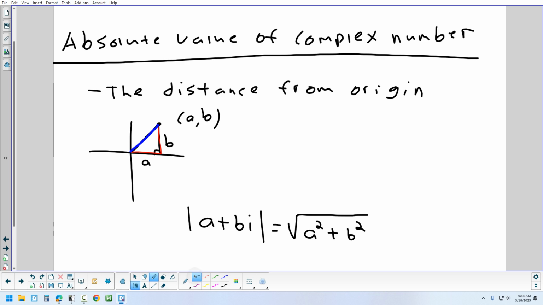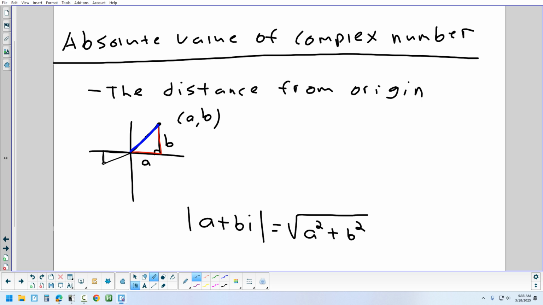So to find the absolute value of a complex number, you really do the Pythagorean theorem. You are finding the length of a hypotenuse in a right triangle. It doesn't matter what quadrant you're in. If you're over here, a squared plus b squared equals c squared will work in any quadrant. So the absolute value is the square root of a squared plus b squared.